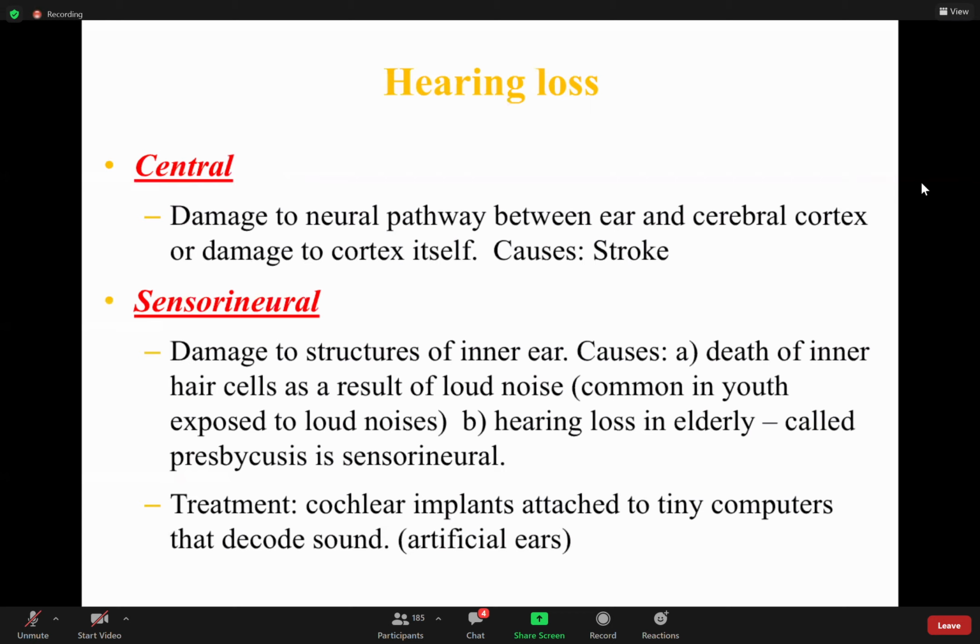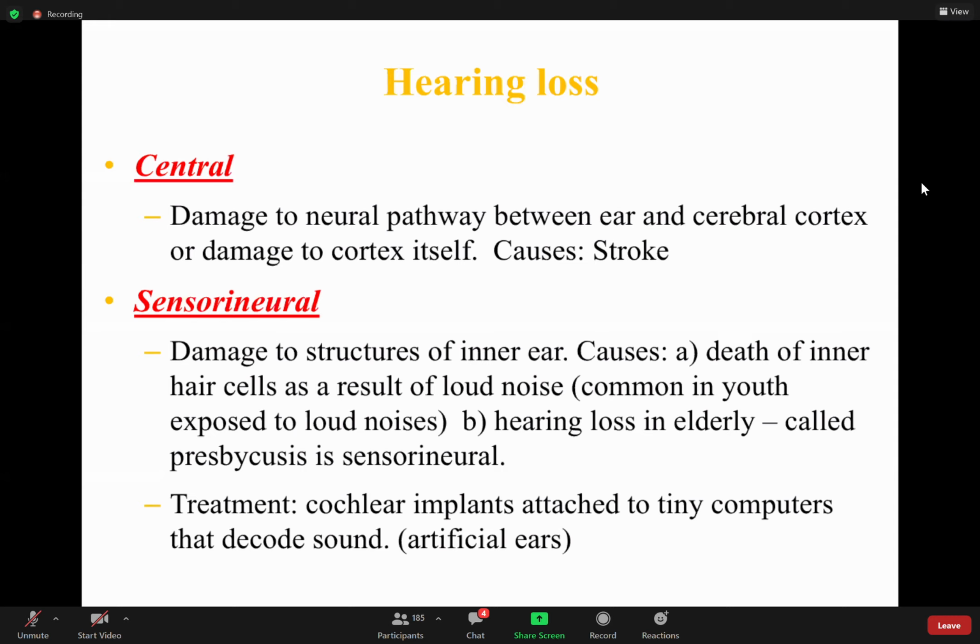When we're talking about sensorineural hearing loss, things become a little bit more complicated. It will happen as a result of the death of the inner hair cells due to loud noise, and this is common among youth, especially the ones that regularly attend rock concerts.